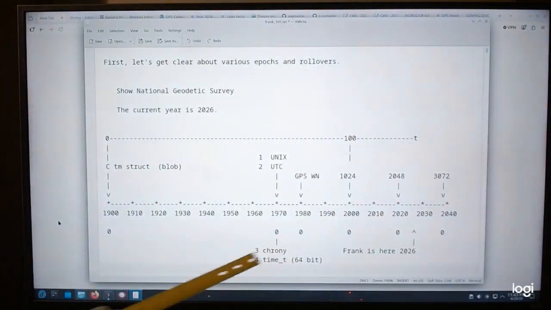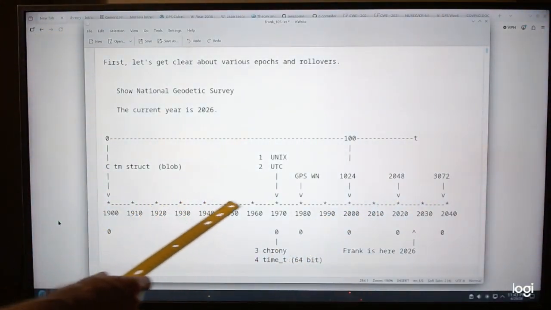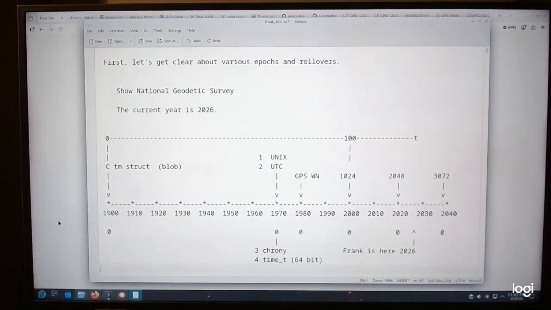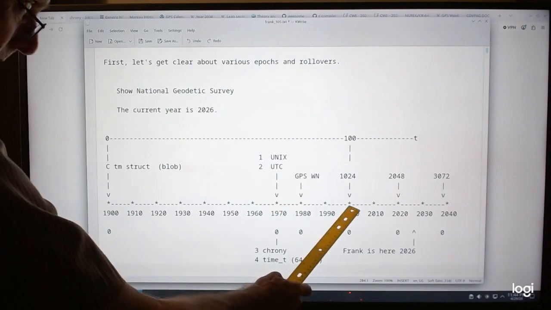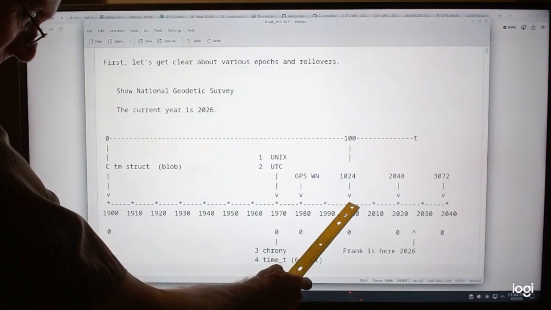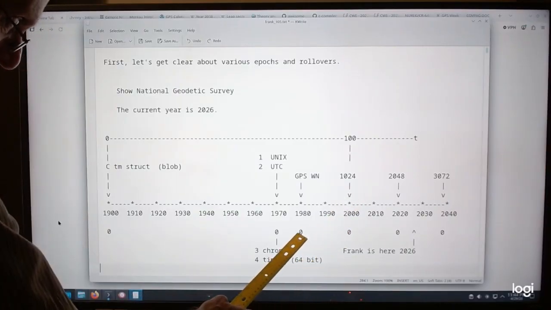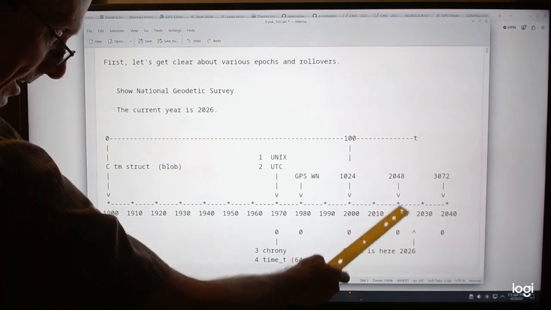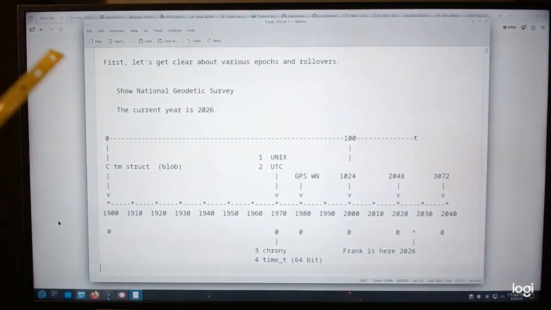But the thing about those satellites is that they only transfer 10 bits of the week number. So at 1024, it rolls over to 0 again. So there's a 0 here at the start, and 0 here, and a 0 there. It's like counting by 10, like the decimal system.